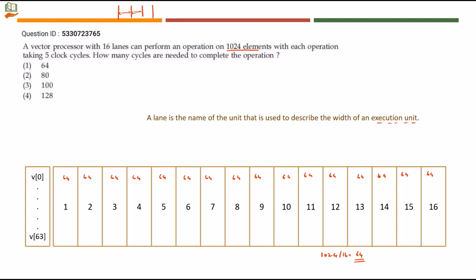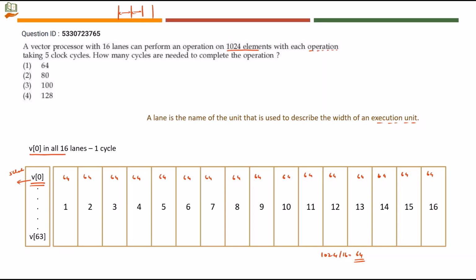It means when you take the first row, the 0th row, they have told one operation will take 5 clock cycles. This is the first operation. For this operation, how many lanes are involved? 16 lanes are involved. When V of 0 is taken, it is executed in 16 lanes together.